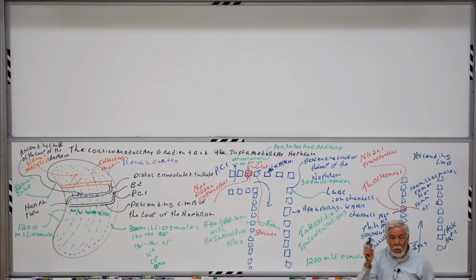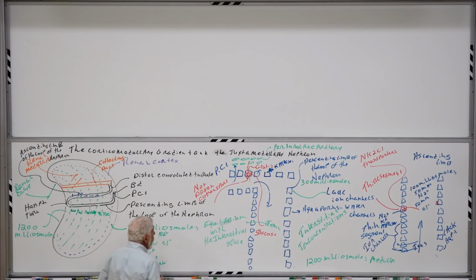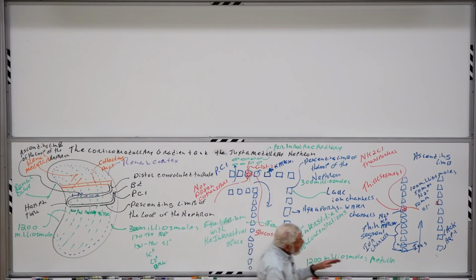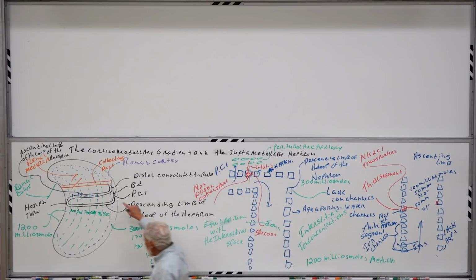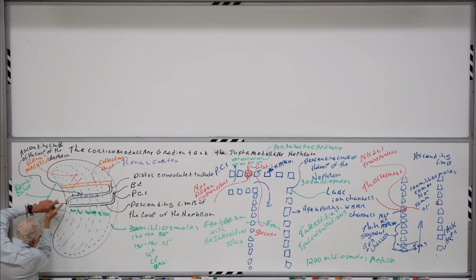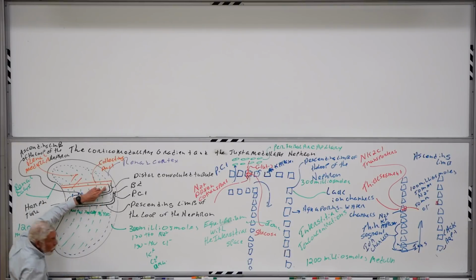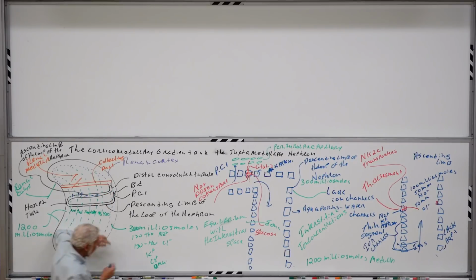Anything else? Okay, so we've now brought the fluid down the descending limb, up the ascending limb, and now we've arrived back here at the distal convoluted tubule. Now there's another point of control, and I want to go to the upper panel and talk about a new form of control up here.